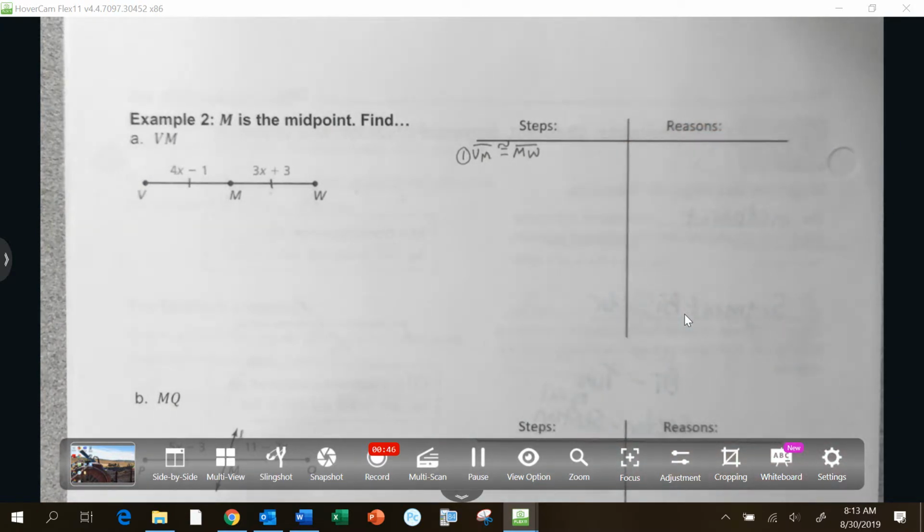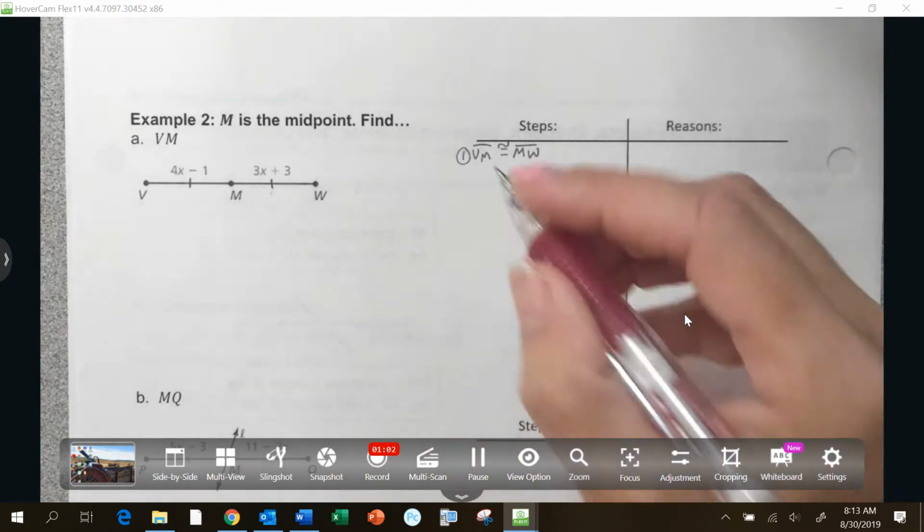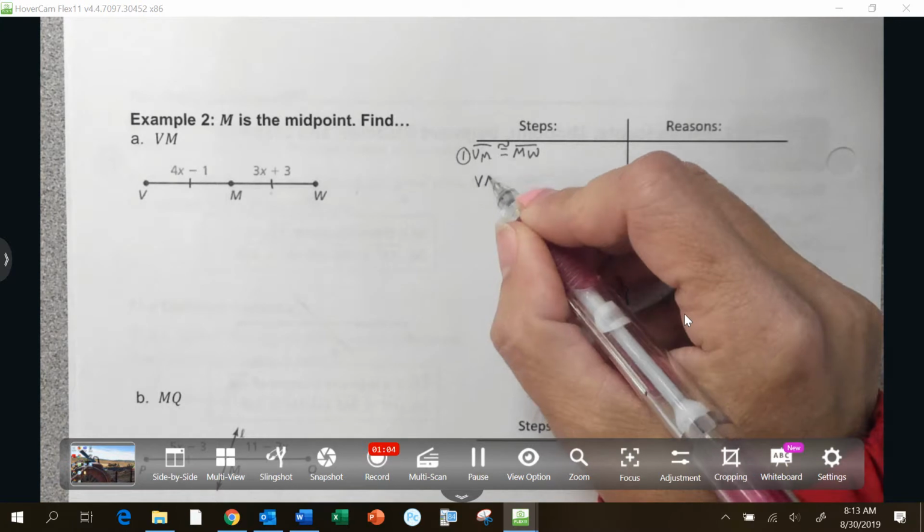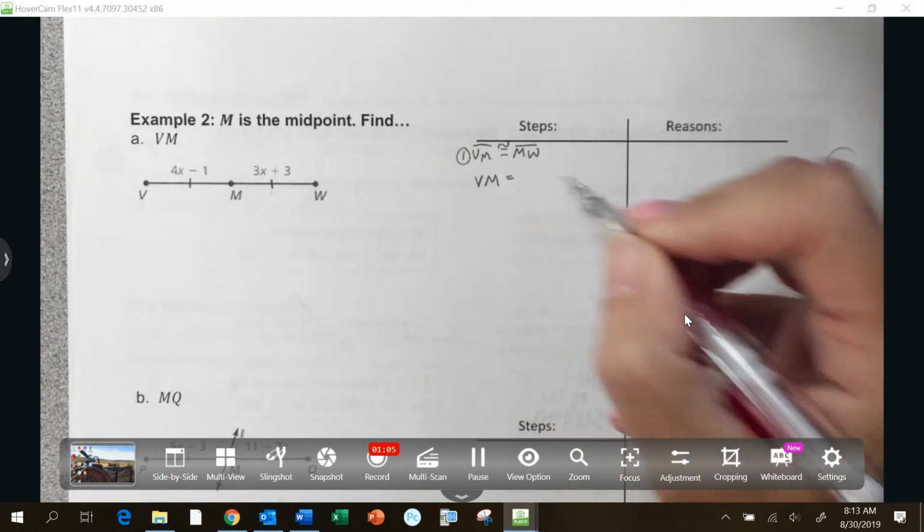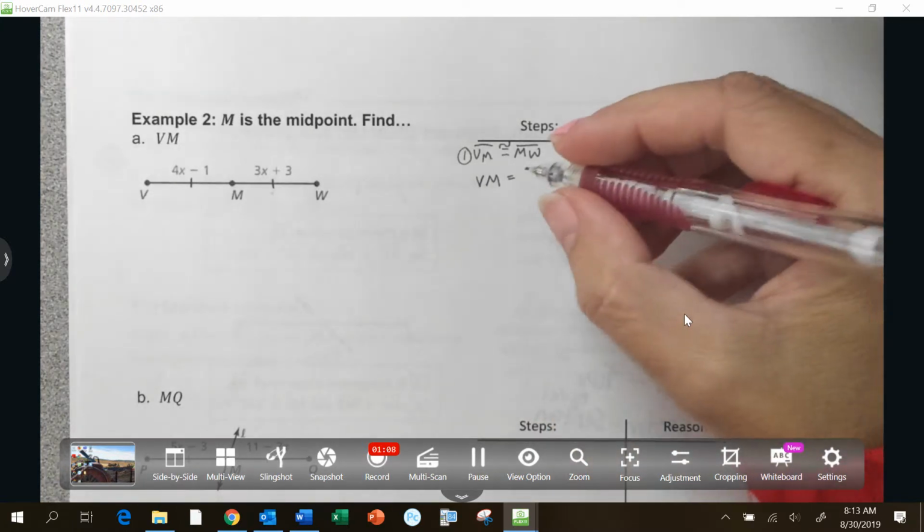And what also are we given here? Do we know anything about VM? Yeah, it's 4x minus 1.